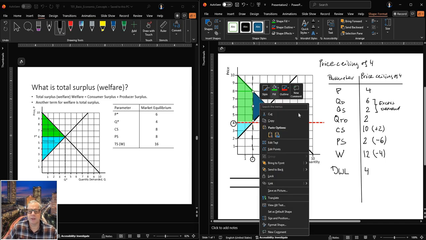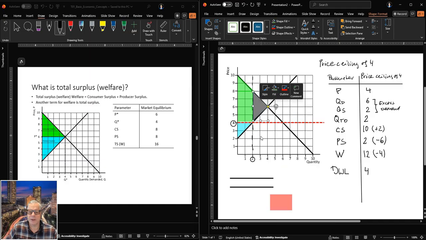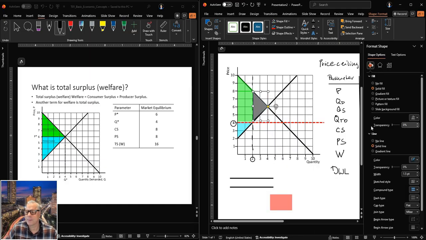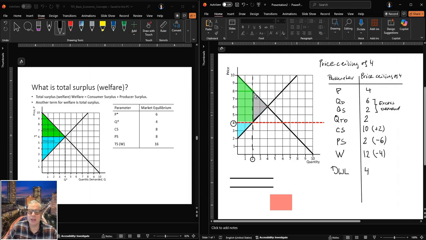Let's make that maybe gray. So this dark gray area is the area of 4. You see, it's a triangle. The height is 1, 2, 3, 4. The base is 1, 2. 2 times 4 is 8 over 2, that's 4.